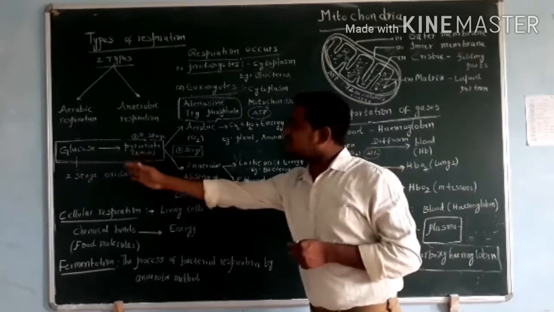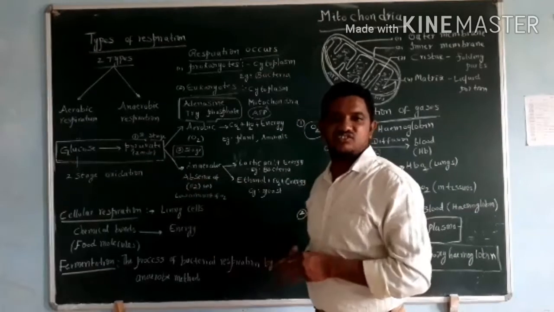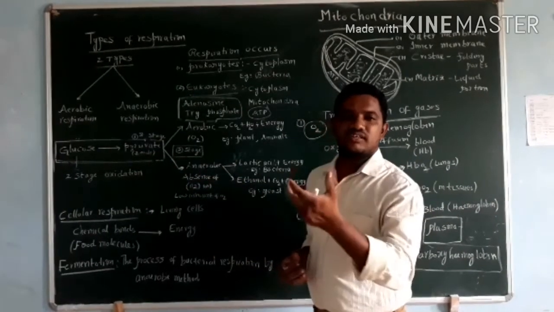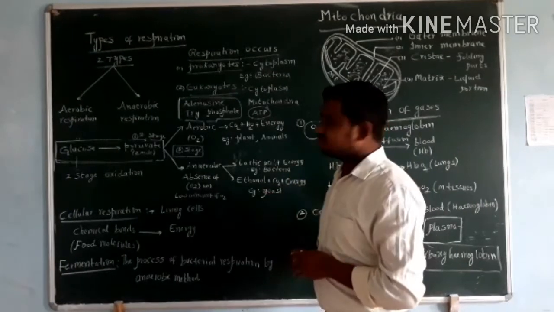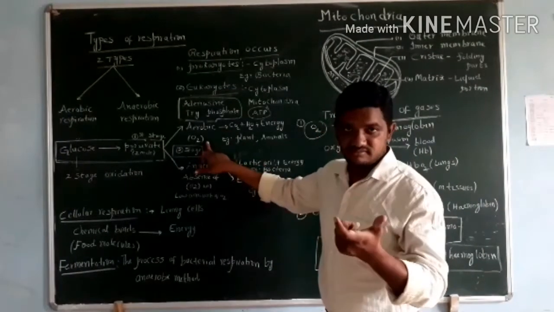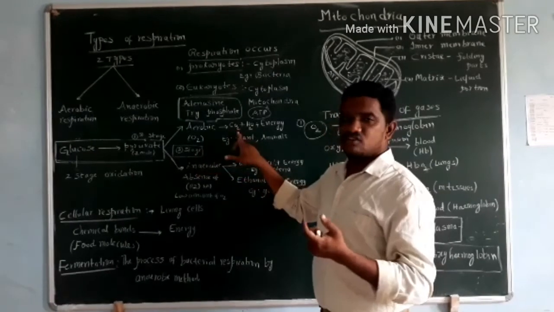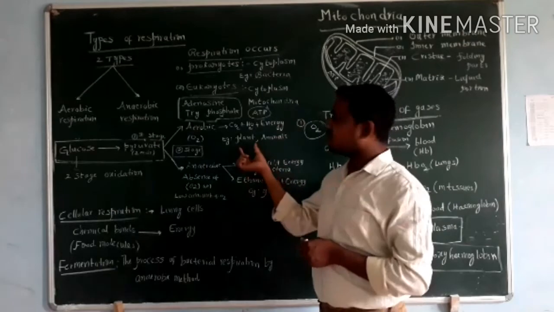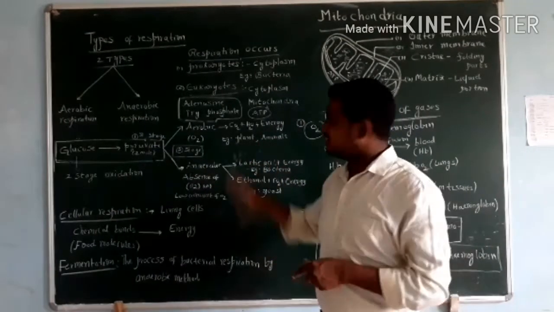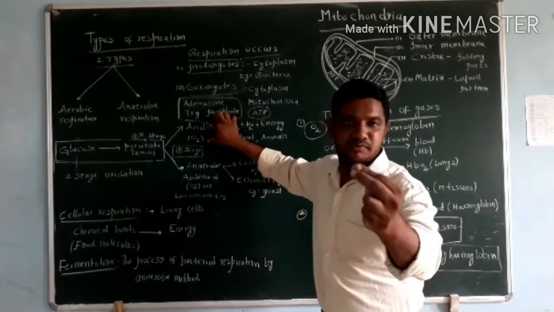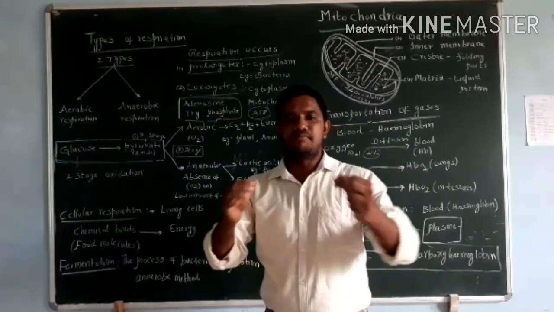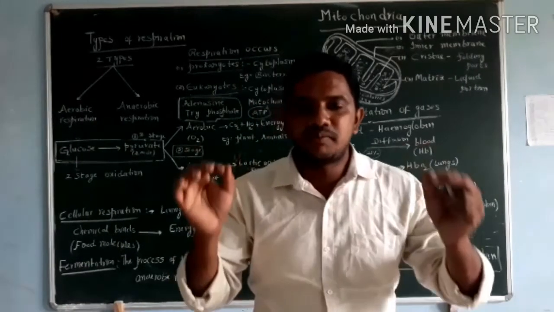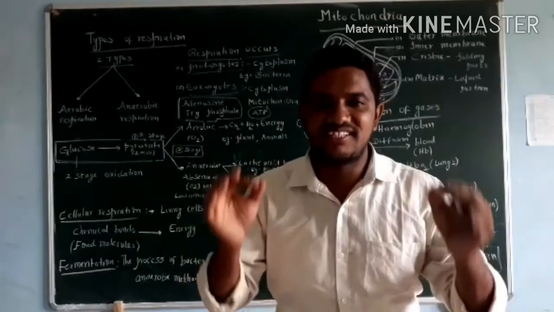See, glucose is converted into pyruvic acid. This is the first stage. And the pyruvic acid goes to the oxidation process only. In the presence of oxygen, it releases carbon dioxide and water and energy. It commonly occurs in almost all plants and animals. This process is called aerobic respiration. Simply we define it as respiration that takes place in the presence of oxygen.